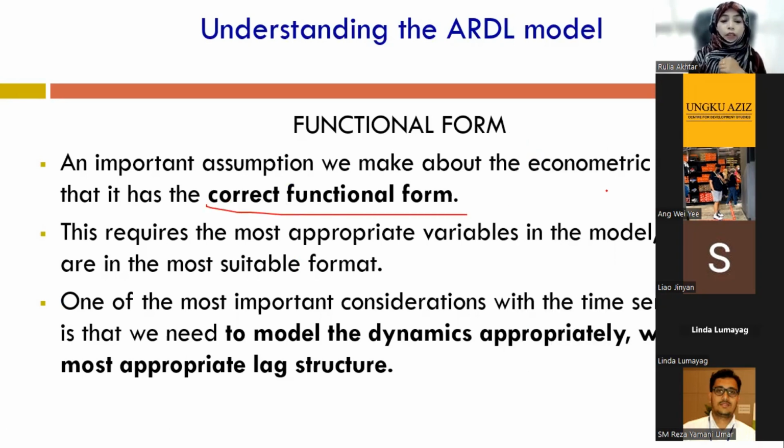The correct functional form means we need the most appropriate variables, and these variables should be in the most suitable format. Whatever variables we include, we think of a paper or a title, or we can take an appropriate topic, but we need to make sure we have the appropriate variables also. Without that, this is not good for our analysis.